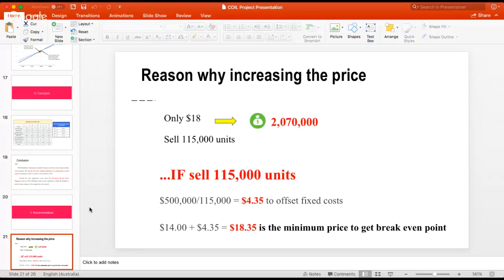So in the fourth scenario, we indicate the fixed cost is too high when the price is only $18. This means each product must be sold at least $4.35 per unit to offset the fixed cost. Next slide, please.